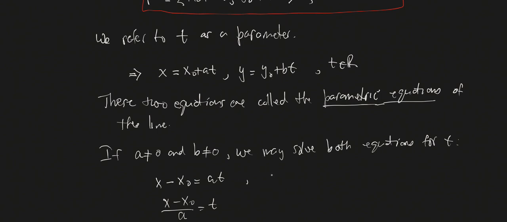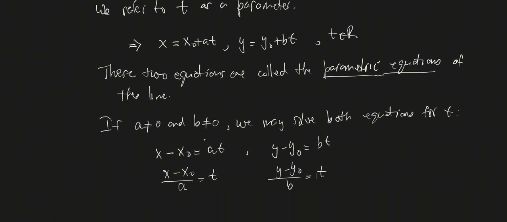Subtract y0 from both sides, divide both sides by b, because I am assuming that b is not 0, so everything is well defined. And then I'll have this. But then this is kind of interesting. This gives me one expression for t. This gives me another expression for t, but it's the same parameter.